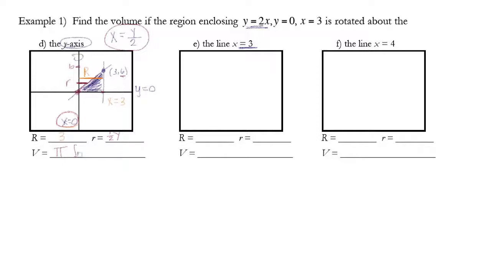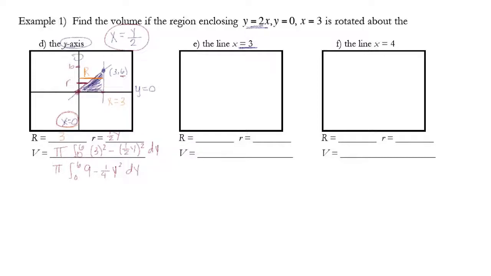From 0 to 6, big R squared is 3 squared, minus little r squared, which is 1/2 y all squared dy. So here we have pi times the integral from 0 to 6 of 9 minus 1/4 y squared dy, and you can finish the integration portion from there.